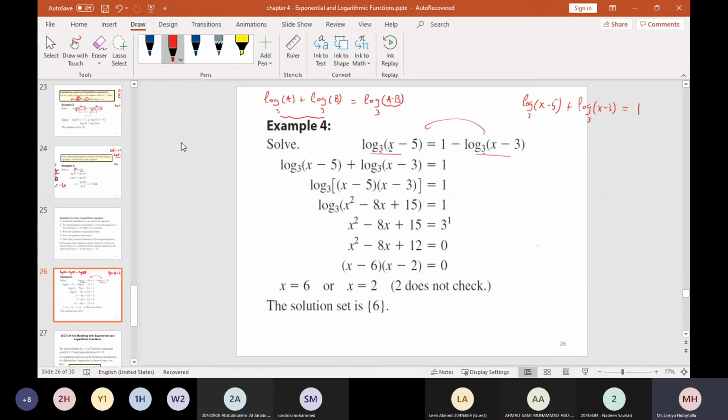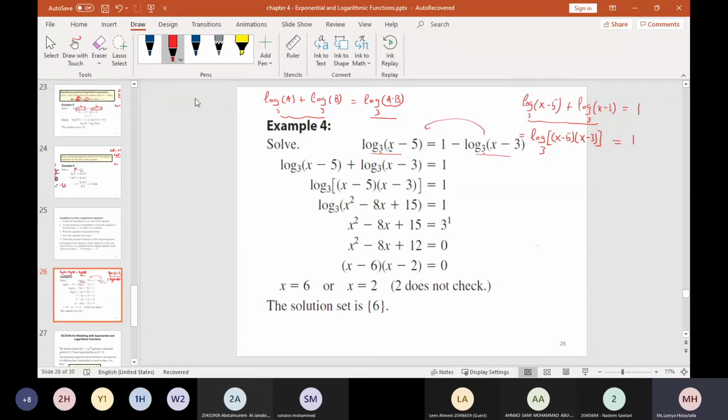So I can change this to be one log. So this is equal to log of what? A multiplication of x minus 5 times x minus 3, to the base 3. This is equal to 1.